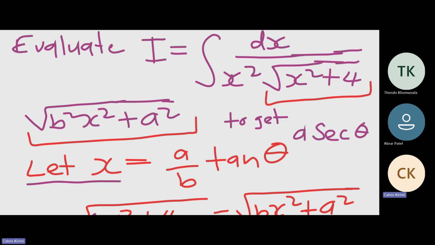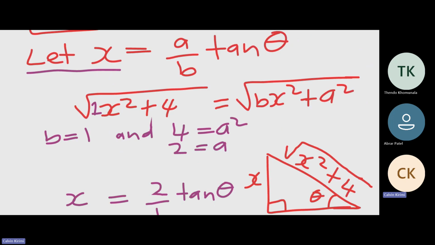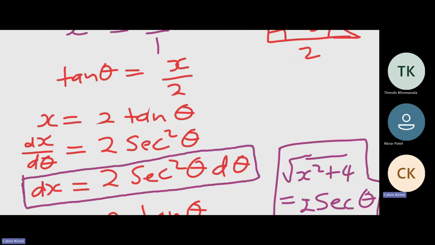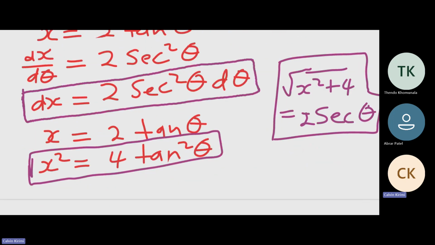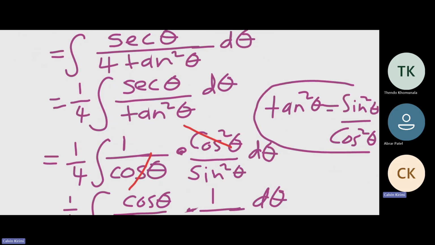So which means when you see that it's a negative and it's x that is subtracting a constant, then you let x equal to 2 secant theta. If it's a variable which is subtracting a constant, then you know you let x be a secant theta.